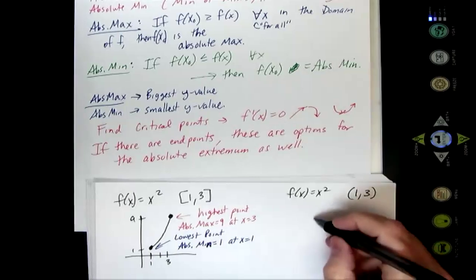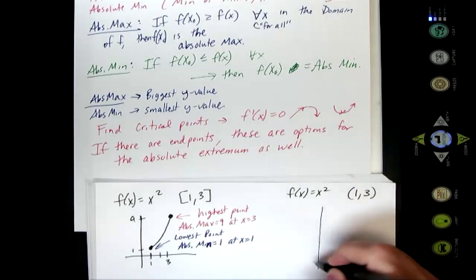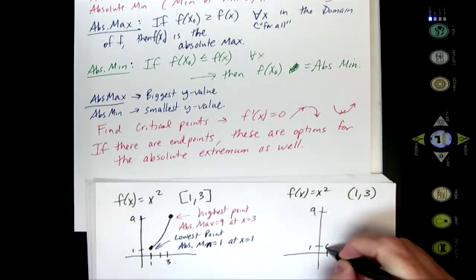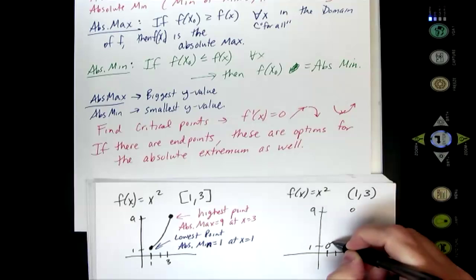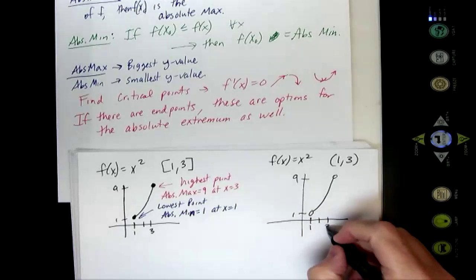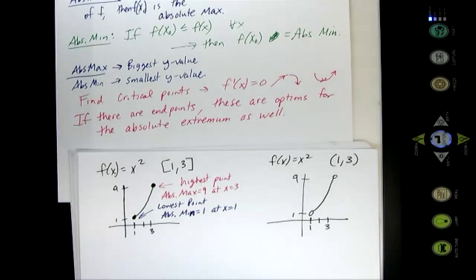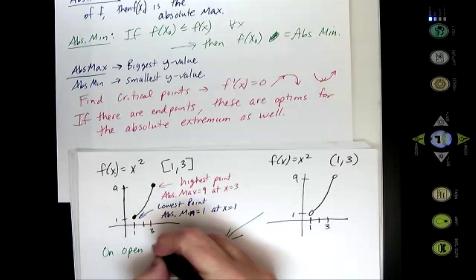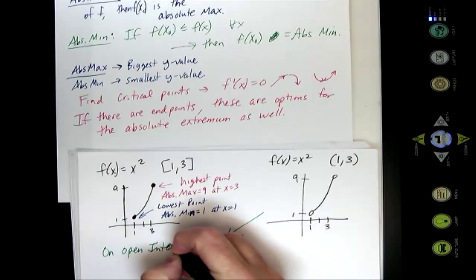It changes when we don't include those endpoints, no matter how close. This is on an open interval. Open intervals are where you don't include the endpoints.